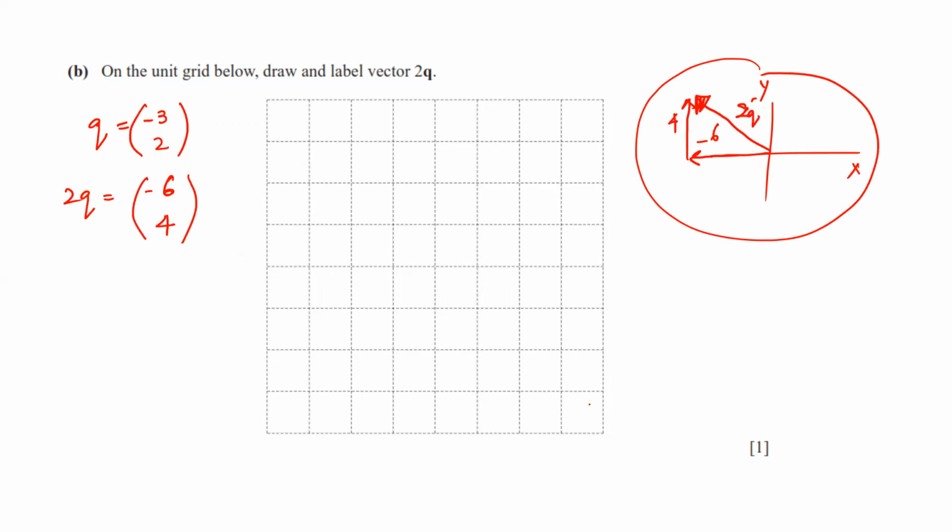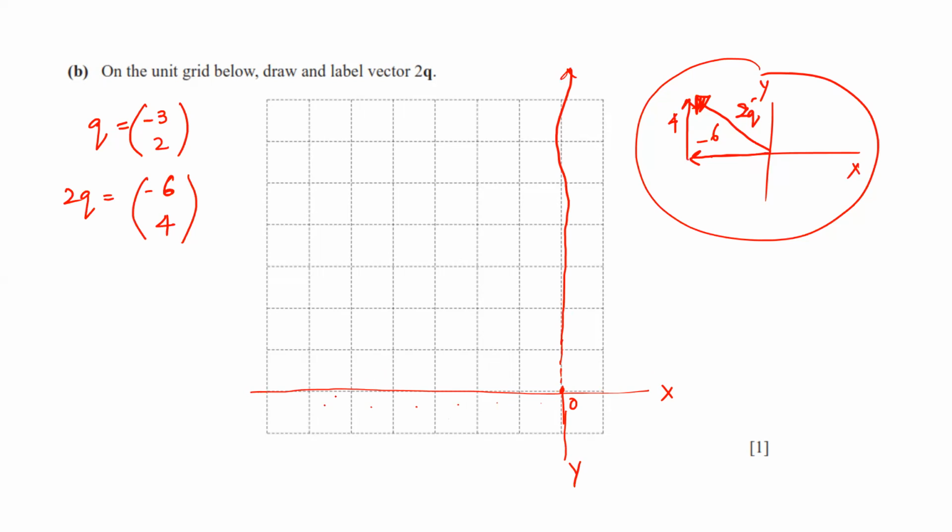So 6 on the x-axis, 1 2 3 4 5 6 7 8. So we need 8 spots here. So let me draw it from here. So for example, my origin is this, and this is my x-axis. This is my y-axis. I apologize for the ugly line. So 1 2 3 4 5 6.